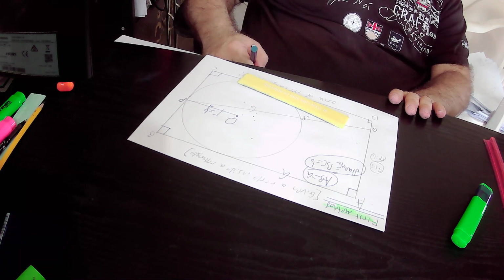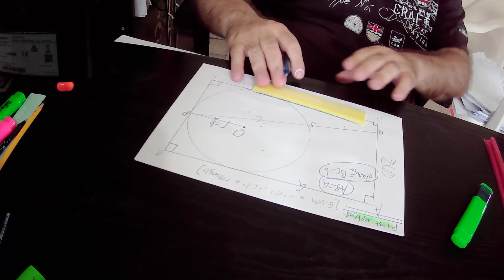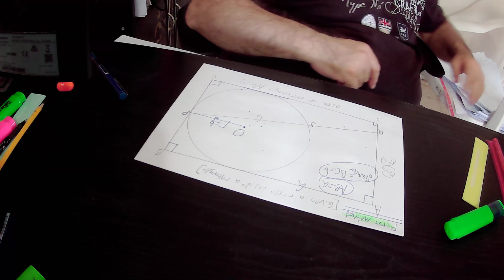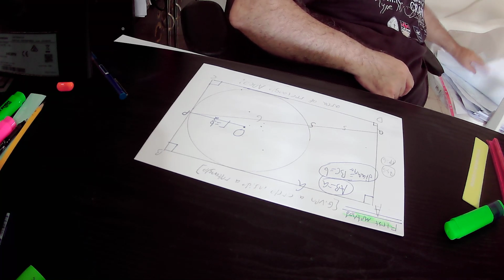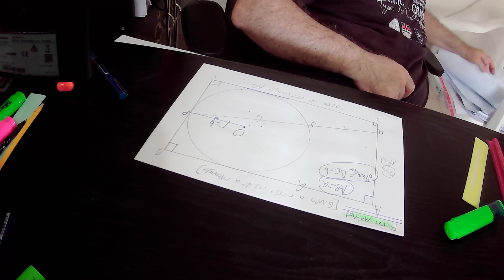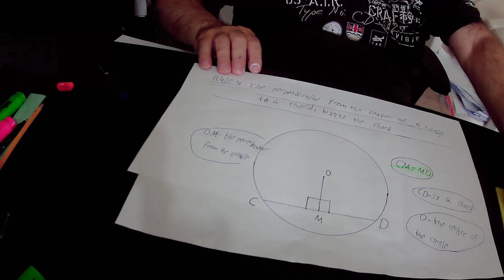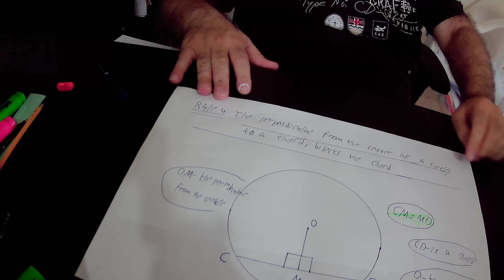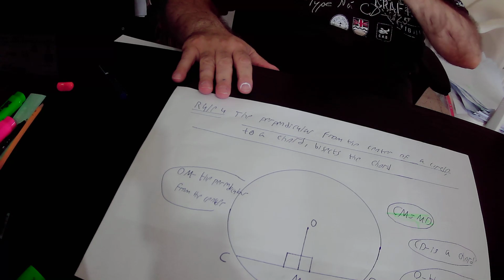In the next step, I present to you a new rule, and we will implement the new rule in our drawing. According to rule number 4, the perpendicular from the center of a circle to a chord bisects the chord.